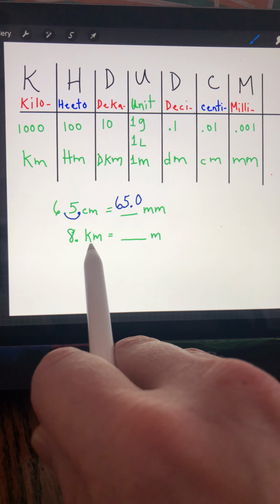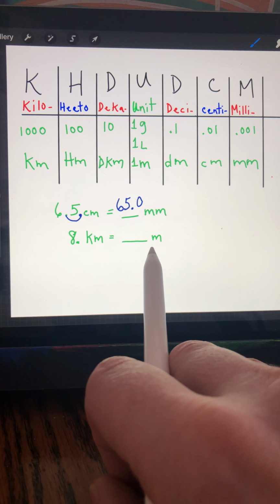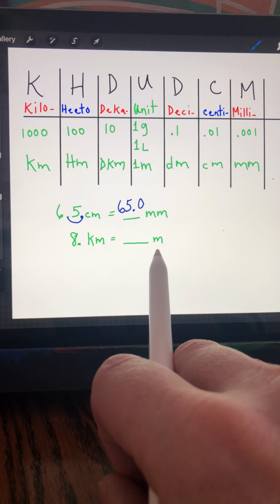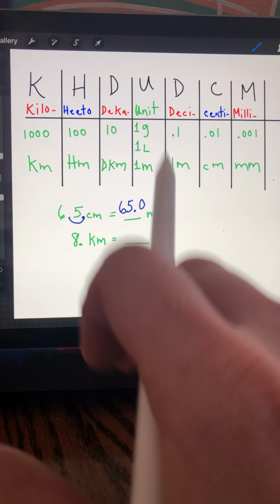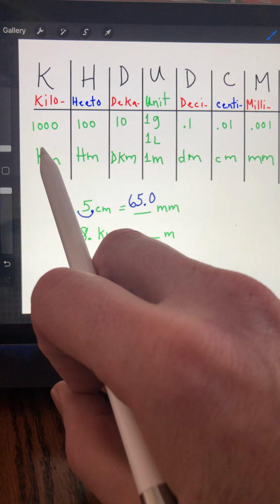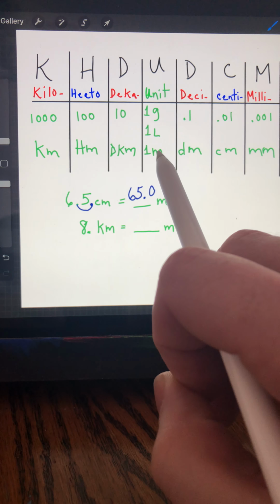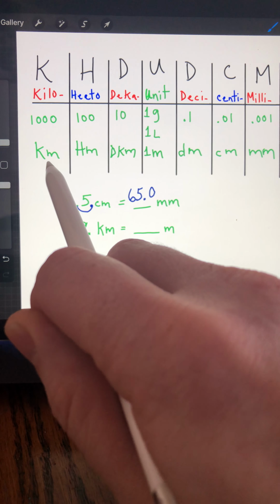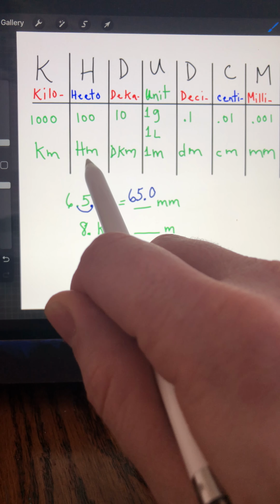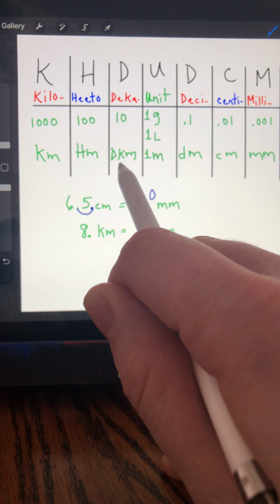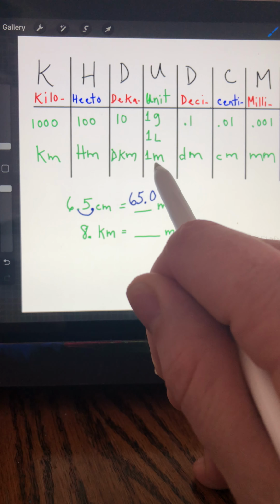If I have 8 kilometers and I want to turn it into meters, how am I going to do it? Well, I'm going to go over here, I'm going to find kilometers, and I have to ask myself, how do I get from kilometers back to meters? Well, let's see. One hop, 2 hops, 3 hops to the right.